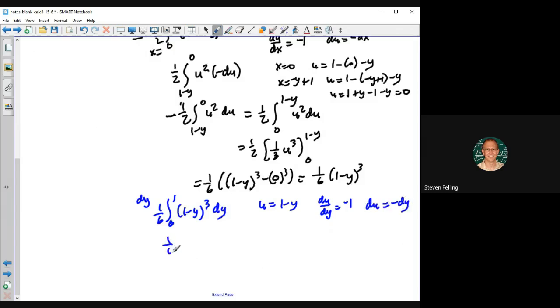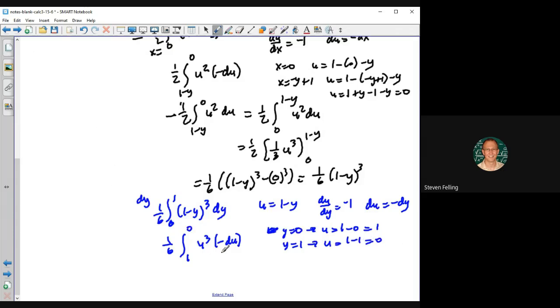And so this is 1/6 integral of u cubed. The dy is negative du. And if y is 0, then u will be 1 minus 0, which is 1. So this is the new limit of integration. And when y is 1, u will be 1 minus 1, or 0.